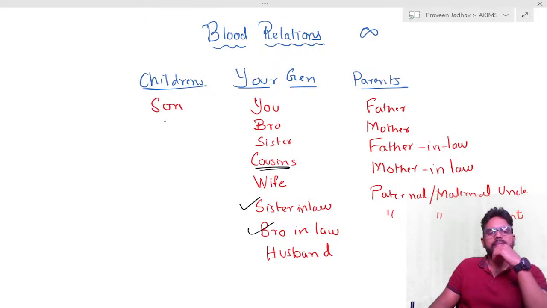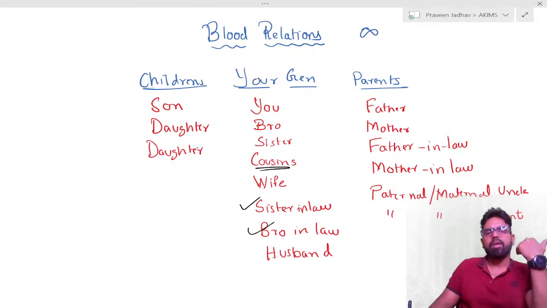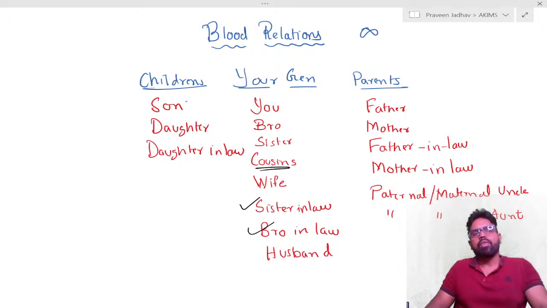Son will come. Daughter will come. Son will bring a daughter-in-law. Tomorrow your son will bring who to you? Daughter-in-law, right? He will get married. Let's say in time to come you had a son, and that son will be wedded someday.